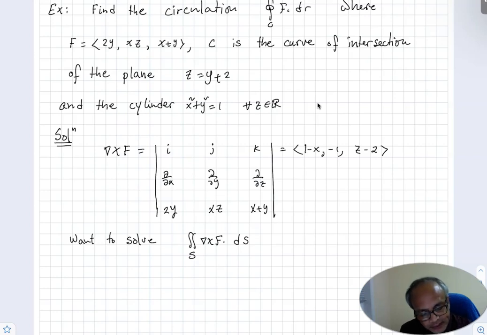Maybe if we try to get an idea schematically, take a look at the cylinder x squared plus y squared equals 1 for all z, so a vertical cylinder. Then if you take a cross section, it might be something like that.